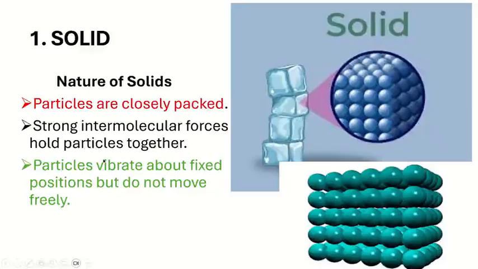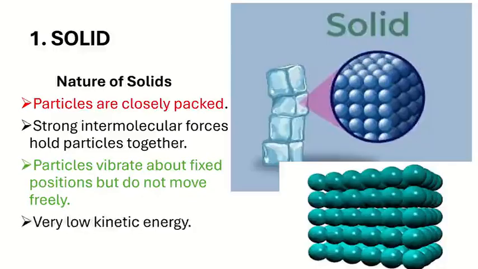What we say is that the particles vibrate about fixed positions but do not move freely. If we pack all of you in one classroom, from science 1 to science 5, in one classroom, maybe science 1, it's going to be difficult for you to even turn your head. And that way, we classify you as what? Solid.